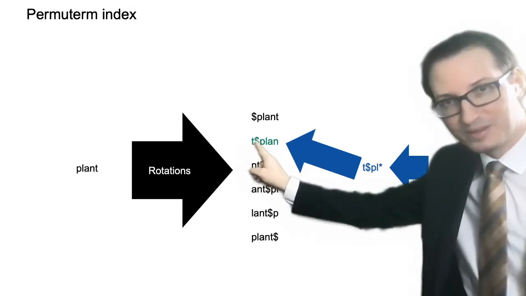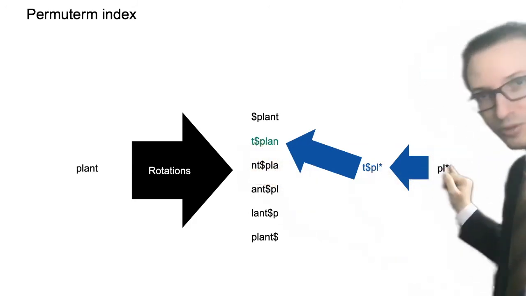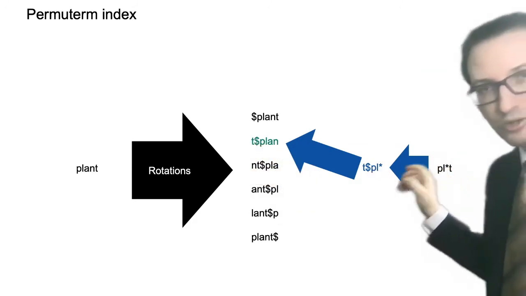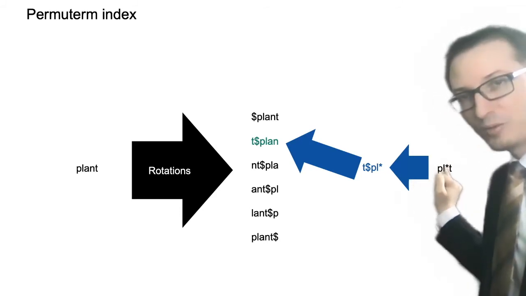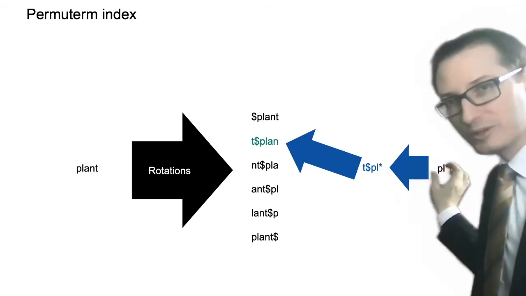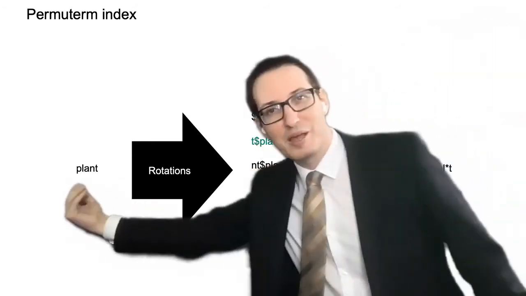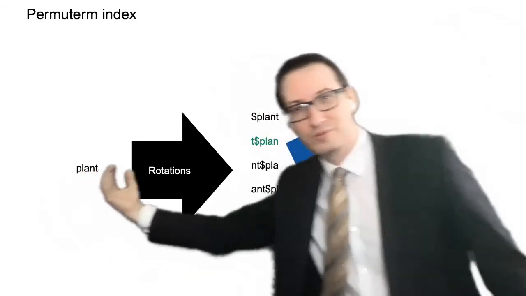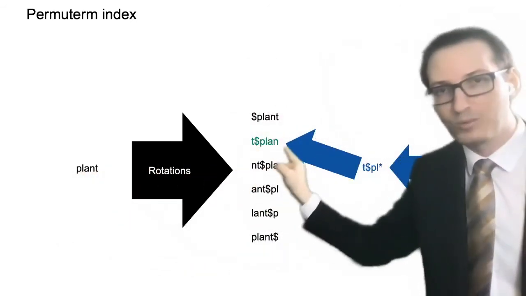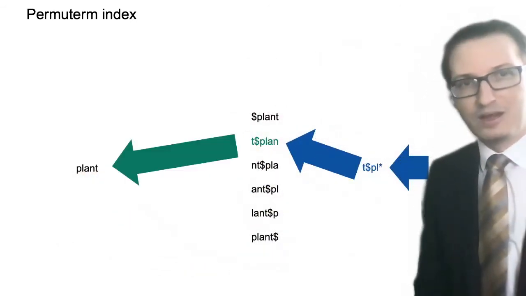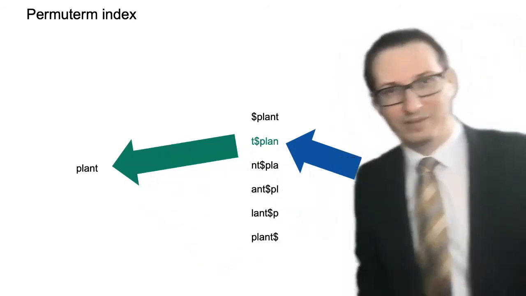You see, $T PLAN. So you see now how we can efficiently answer this wildcard query with the wildcard in the middle, because we rotated the letters to get the wildcard at the end. But since we did the same thing for every word in the dictionary in advance, we already have this index. This is how I arrived at Plant.